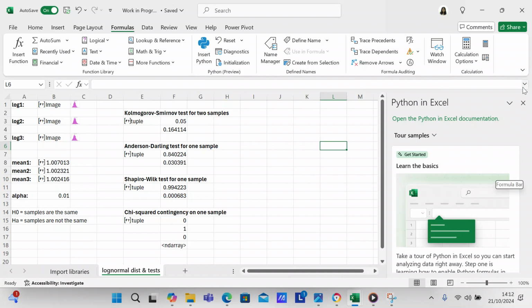So if your distribution isn't a normal distribution, then the Anderson-Darling test is not going to give you the correct answer. It sort of made it because it's a log normal. This distribution is a combination of a logarithm and a normal, so it just about made it, which is why I changed my alpha to 0.01.